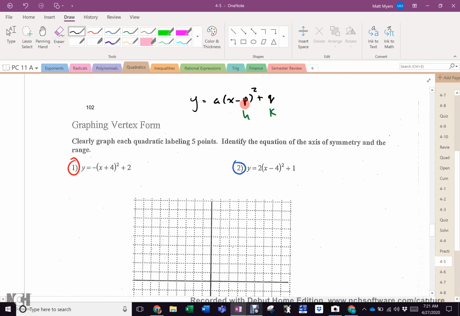But the important thing to remember is that P is the X vertex, opposite sign, and Q is the Y vertex, with the regular sign.